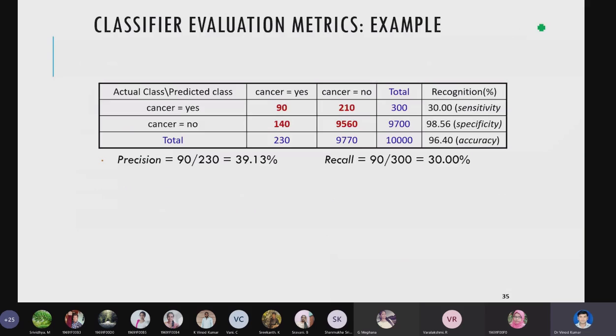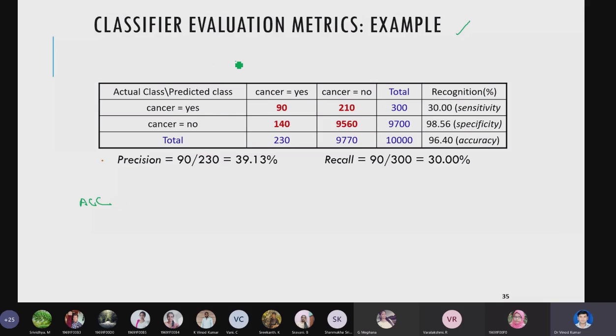You can see here an example with 90 and the results. Now it's your turn to calculate. What is the accuracy of this classifier method?